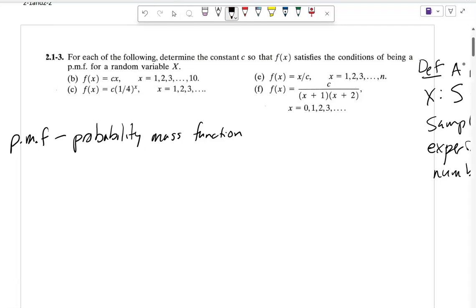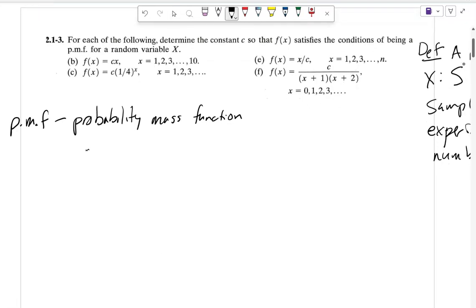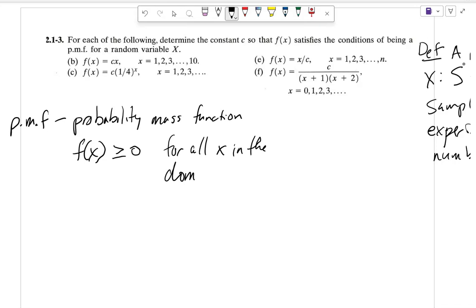So if we take our sum, and I'll write it this way, for a probability mass function, a couple of conditions that you need: when I put in anything, it has to be greater than or equal to 0, no matter what, for all x.